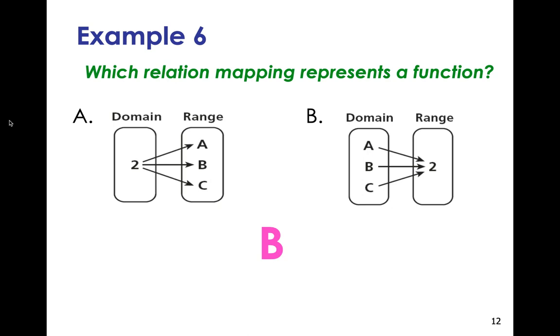And if we look at option B, each of those values, A, B, and C, only have one arrow. It does not matter that they all go to the value 2. What matters is that they each have one arrow. And if we look at A, we'll see that if I put in the code 2, there's 3 different possibilities, which means that that's not going to be a function.